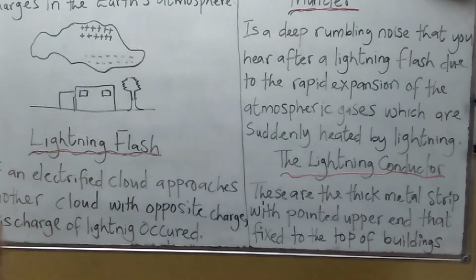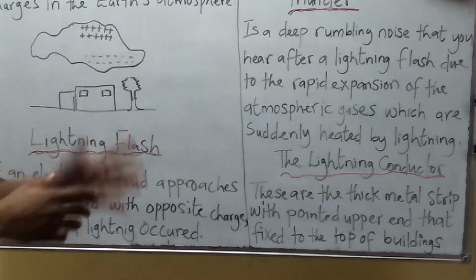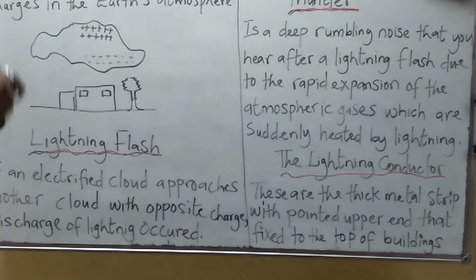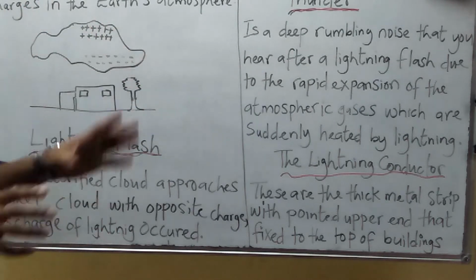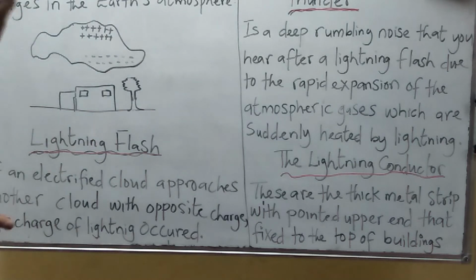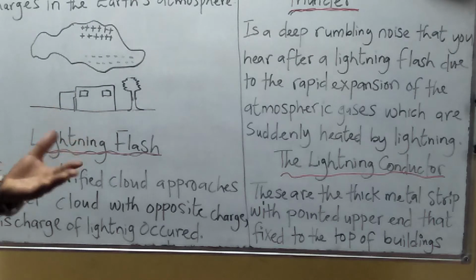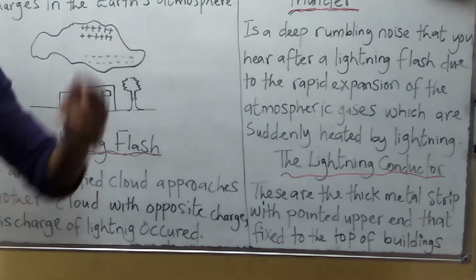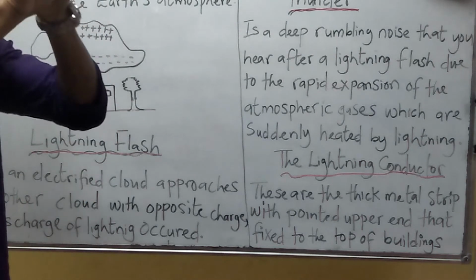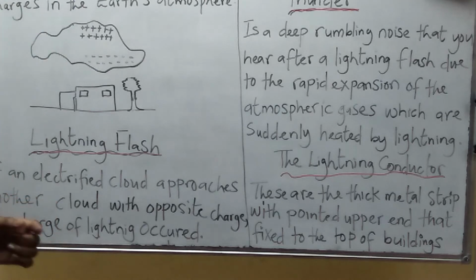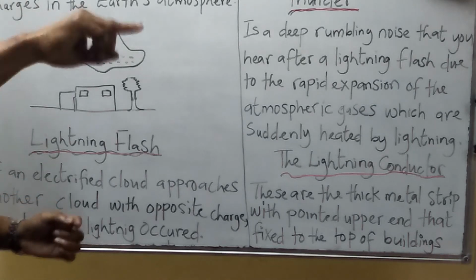For example, you can see them on mosques, churches, houses, different places. They will be of metal. It can be in form of a design anyway. In church it can be in form of a cross, but it will be of a metal strip. In mosque it can be in form of a moon, a crescent moon.